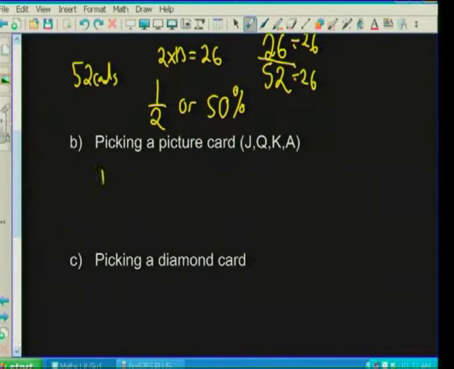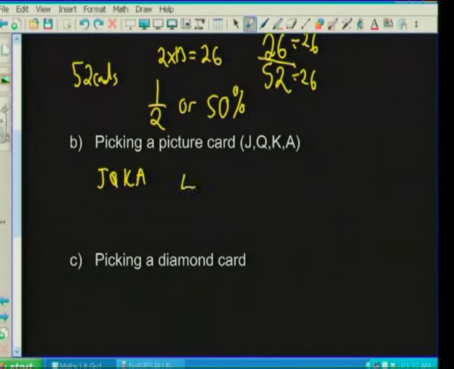So we need to again determine how many cards in the pack will meet our criteria. Well, there is a jack, a queen, a king, and an ace for each of the suits, for the hearts, for the clubs, for the spades, and for the diamonds. So that means there are 4 suits that have 4 cards each within them that will meet our criteria in this question.